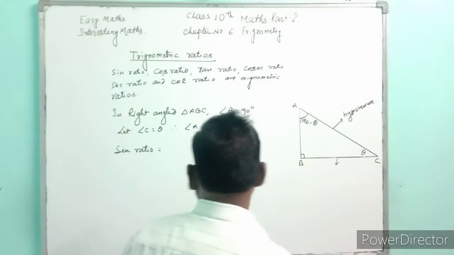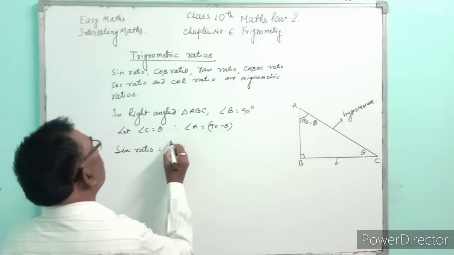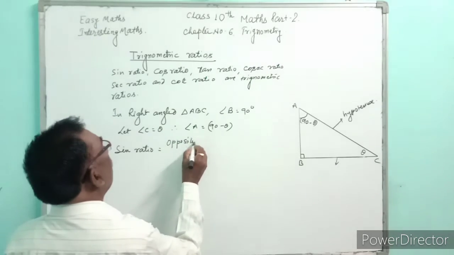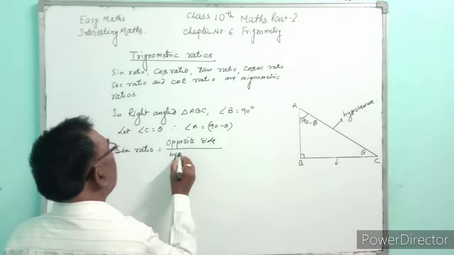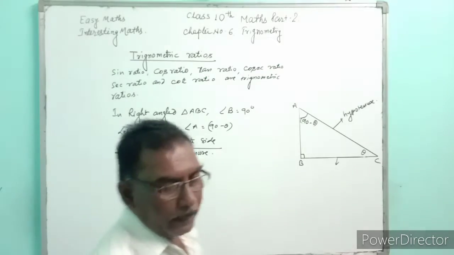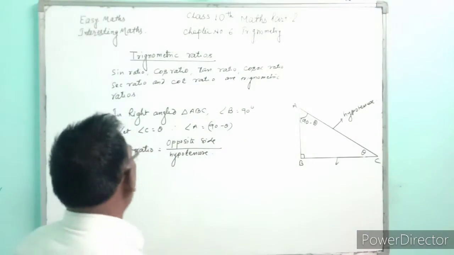Now, the sine ratio is equal to opposite side upon hypotenuse. This is the basic of trigonometry.